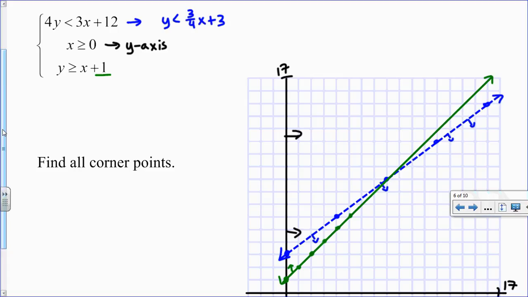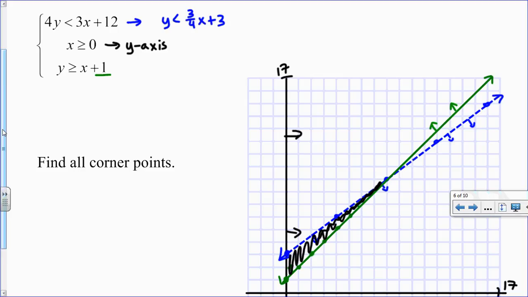So my overlapping part is just in this little section right in here. Okay, and the y-axis. Don't forget about that. So okay, depending on how accurate you've drawn your line will be whether or not you can tell where this point is.